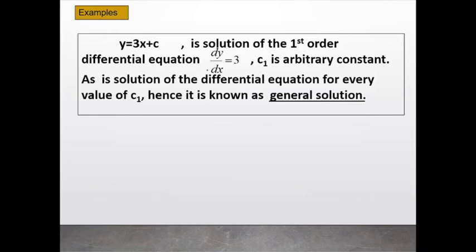So this is the solution. What we do is this is a variable separable type.